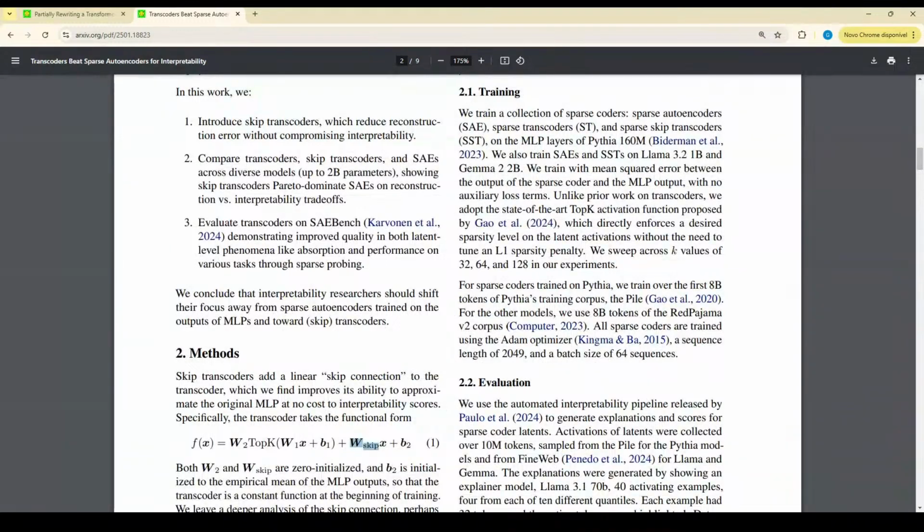And so what did we do? We trained normal SAEs, again top K SAEs, sparse transcoders and sparse skip transcoders on Pythia 160M, and also on Llama and Gemma, Llama 1B and Gemma 2B. We use the normal procedure to train top K SAEs using mean squared error as a loss function.